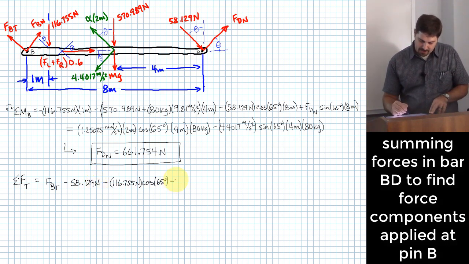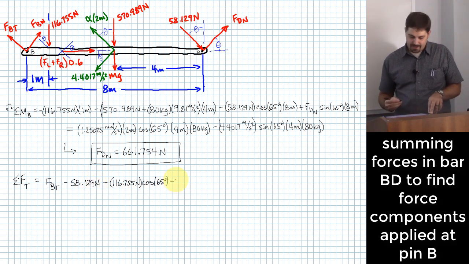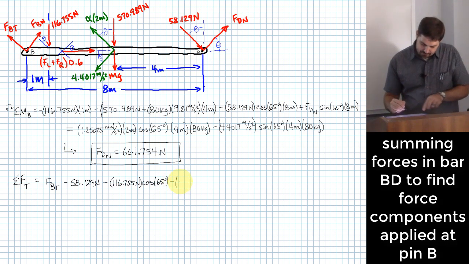Which is also going to be opposite direction of FBT, right? So I take 116.755. I don't know if I ever got a number for that. Newtons plus 570.989 newtons.